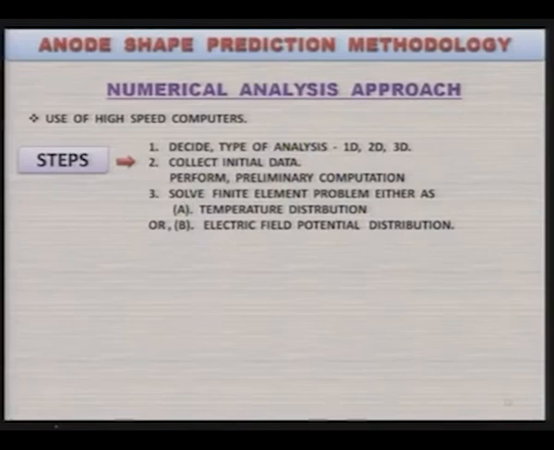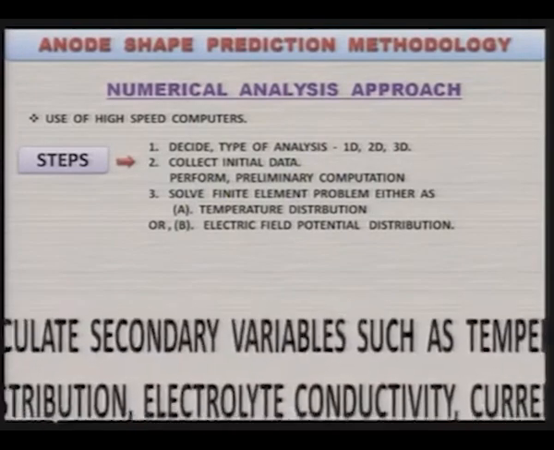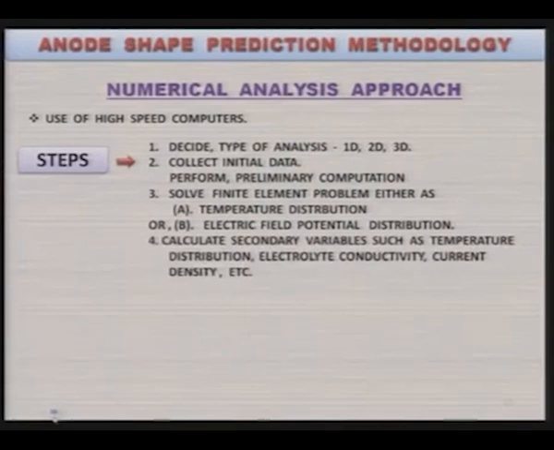That means, if you have found the temperature, then you have to calculate the current density, electrolyte conductivity and so on, and finally, you will calculate the interelectrode gap. After that, calculate secondary variables such as temperature distribution, if it is an electric field potential distribution problem, electrolyte conductivity, current density, etc.